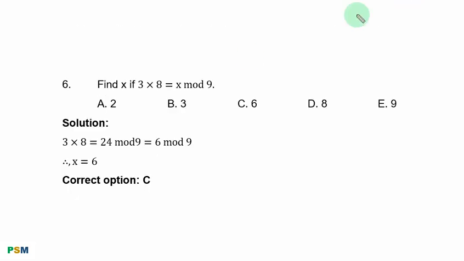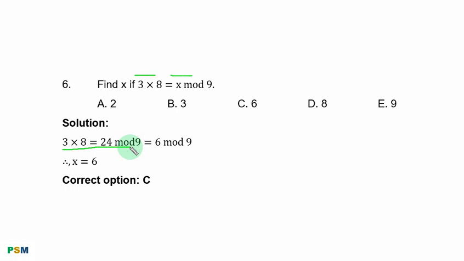Question 6. Find S if 3 times 8 is equal to S modulo 9. Solution. 3 times 8 is equal to 24 modulo 9. Now, modulo 9 has 9 elements, 0 to 8.